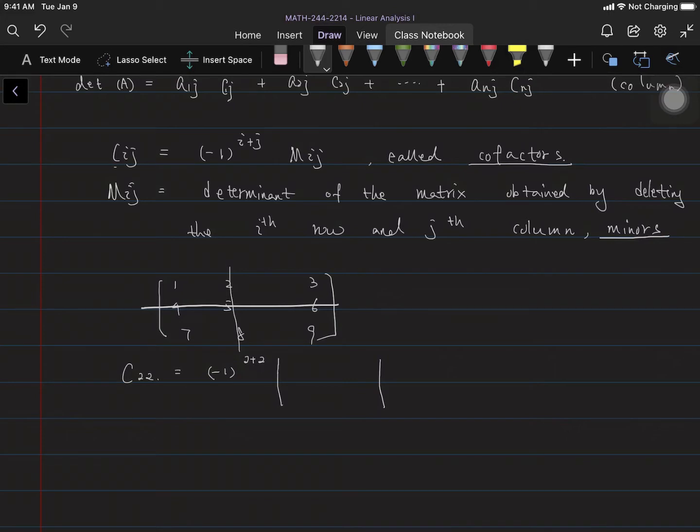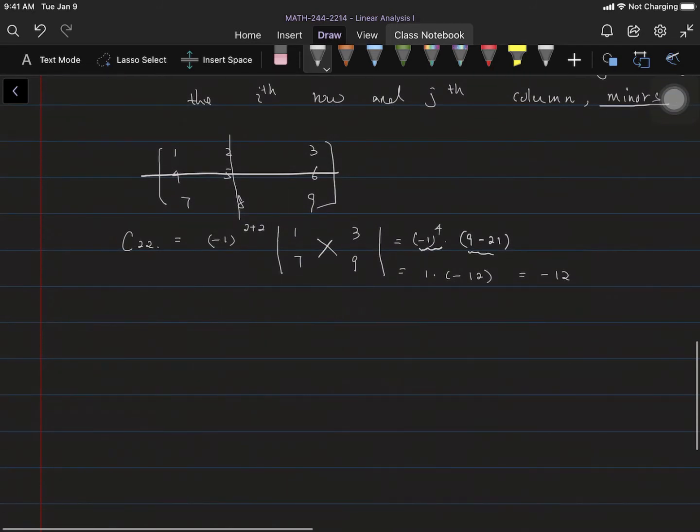What's left? 1, 3, 7, 9. It's the determinant when we delete the ith row, jth column. So I and j both are 2. Calculate this one: -1 to the fourth power times the determinant. So it should be 9 minus 21, and this is positive 1. And this is -12. So the final answer is -12. That's C22.